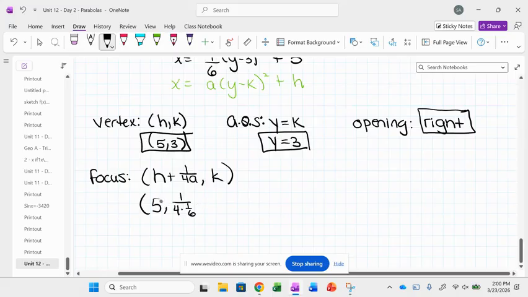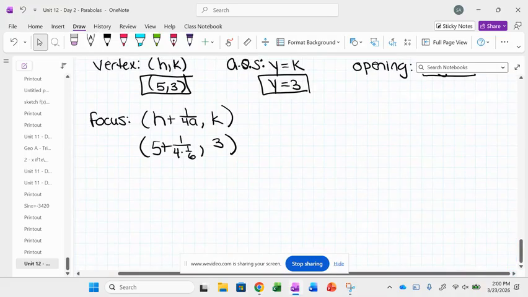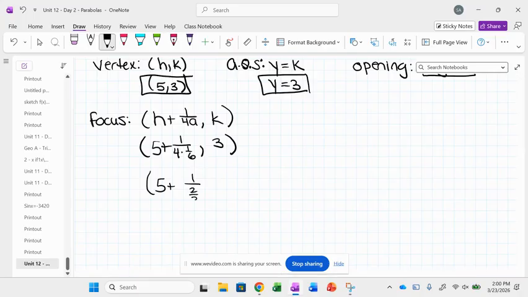Oh, I put comma plus, not comma, 3. So now this is going to take some manipulation. So I'm going to have 5 plus 1 over 2/3, comma 3. This is the same as saying 1 divided by 2/3, which is 1 times 3/2.